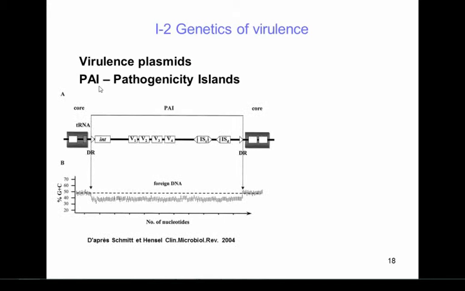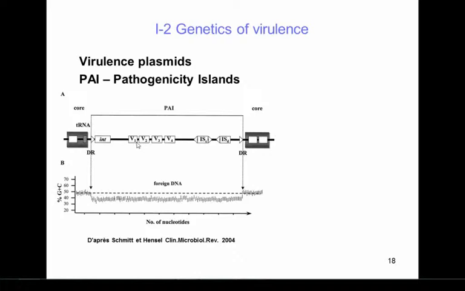Now, pathogenicity islands, what do they look like? What are their characteristics? Well, often the GC content is lower than in the rest of the bacterial chromosome. They have direct repeats at each extremity. Often they are located next to genes for transfer RNAs. Some of them may carry genes coding for an integrase molecule.